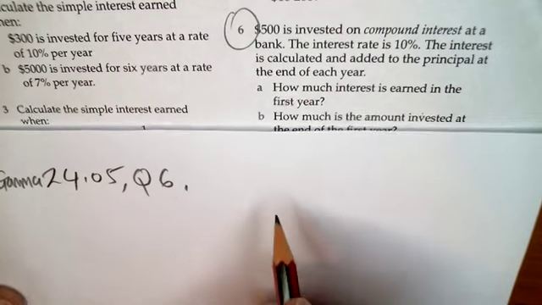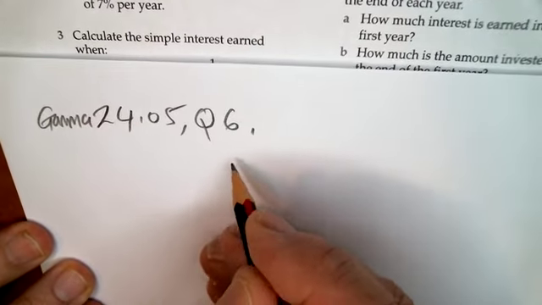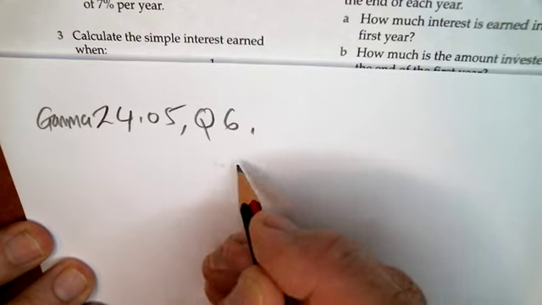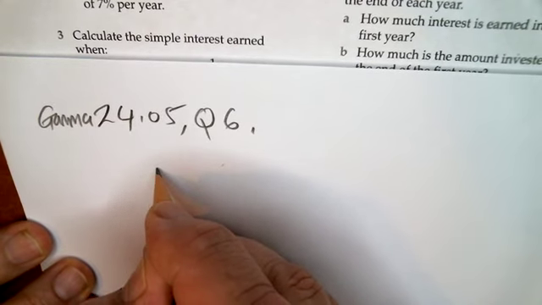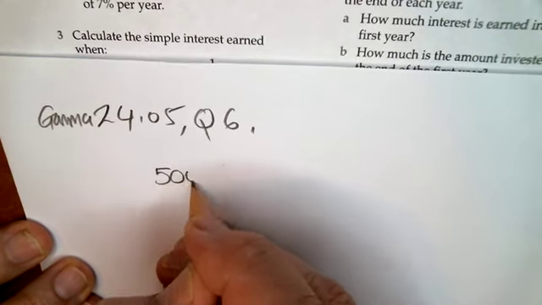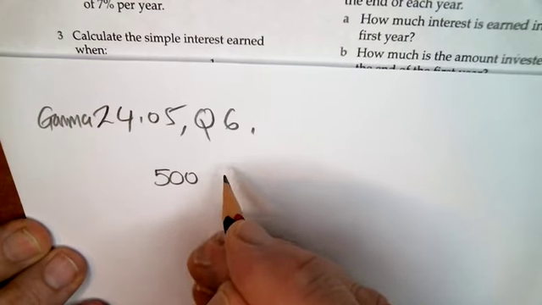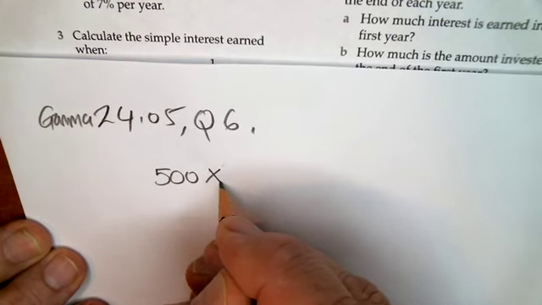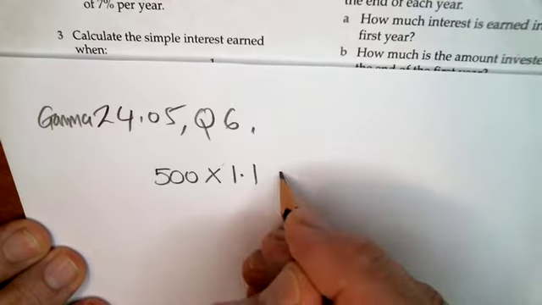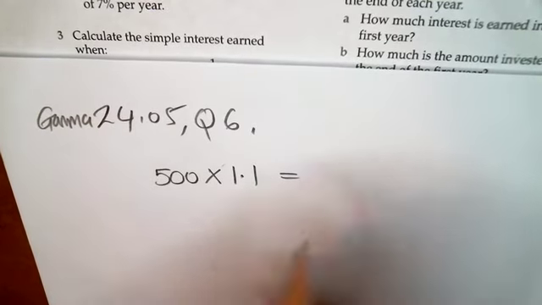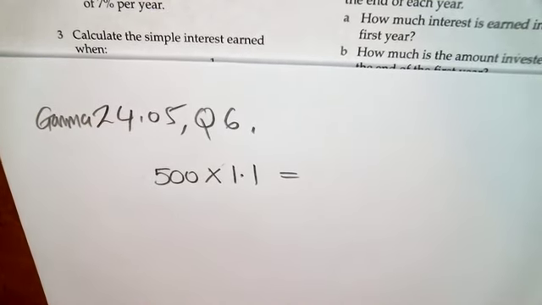All we've got is $500. So there are lots of ways of doing this. I could just say it's 500, and we're going to increase that by 10%, so times 1.1. And 500 times 1.1, I'll just do that on the calculator so you can see it being done.